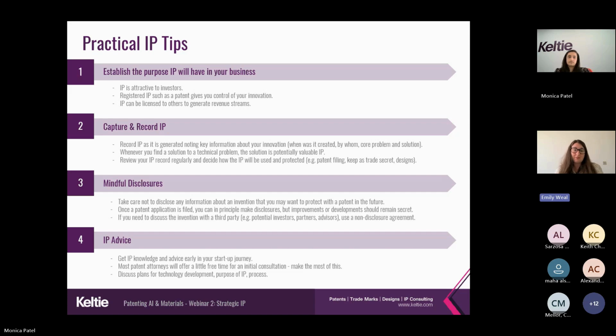Once you have got the patent application filed, in principle, you can disclose that invention, you could make a publication and so on, but you do have to be quite careful about making sure that you don't disclose anything beyond what you've put in that first patent application.